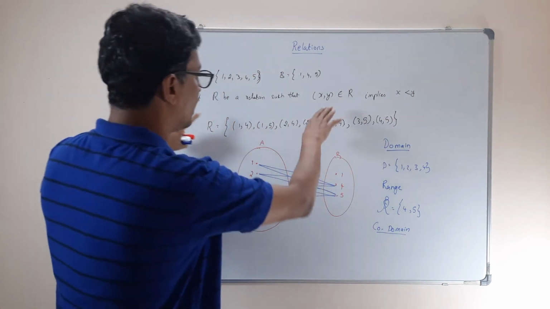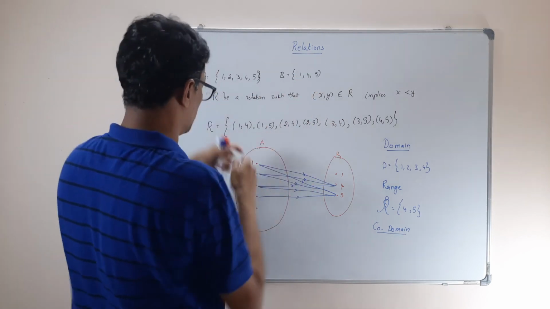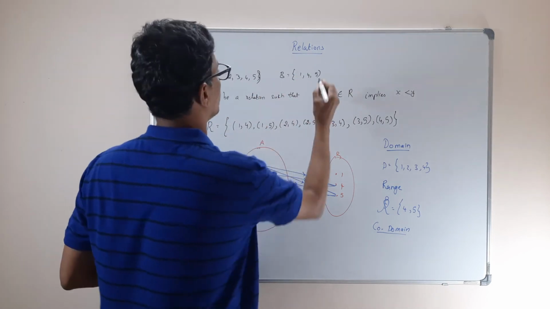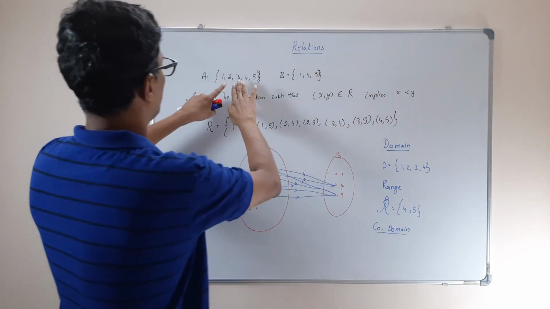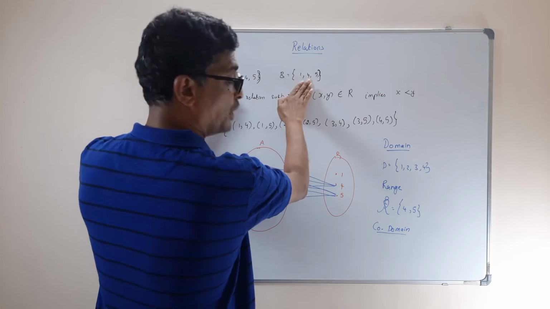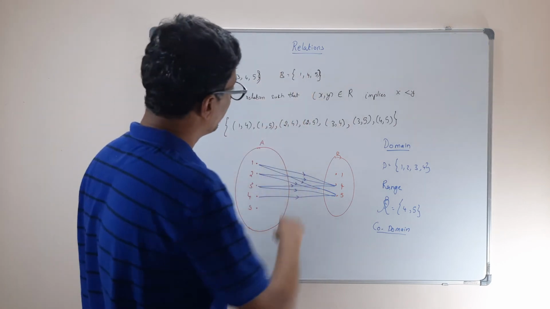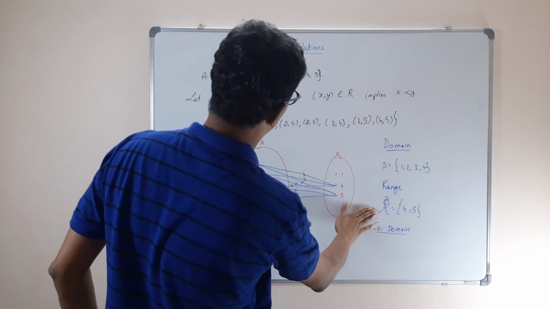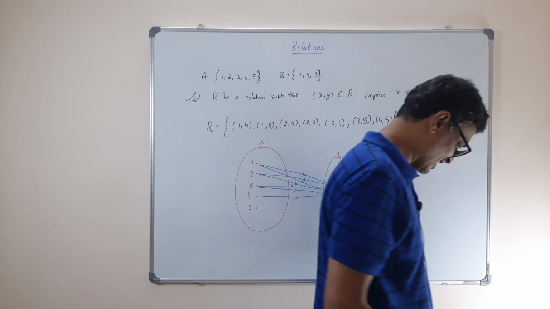If R is the relation from A to B, then B is called your codomain. Now you can see the range will be a subset of the codomain. You got it? That's it.